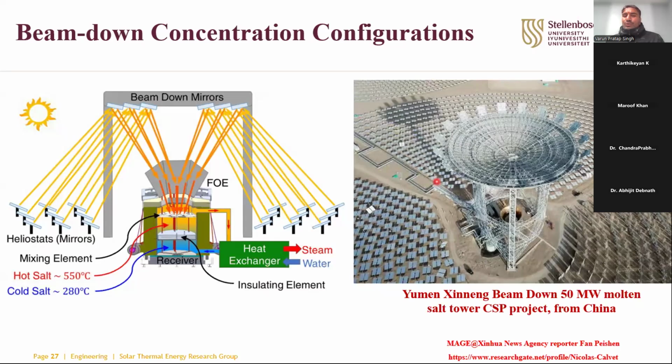They installed a huge capacity, either central receiver or this beam down setup. When another company or country thinks about a pilot electricity plant of 1 megawatt, what do they do? They place a 50 megawatt single pilot plant. You can see in Xinjiang province, they placed this 50 megawatt setup, and it is completely operational, and not just a single one. You can see another one is there. So yes, people like me are also getting attracted by their work.